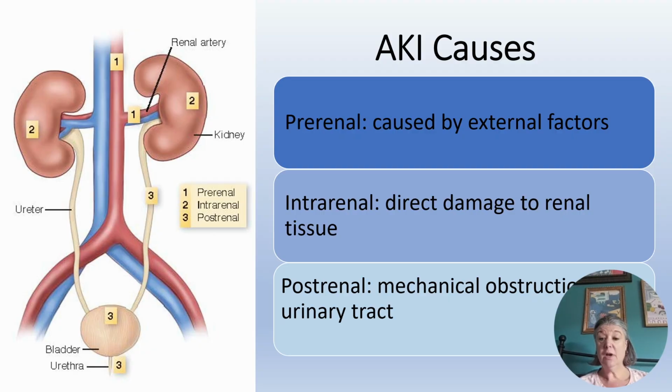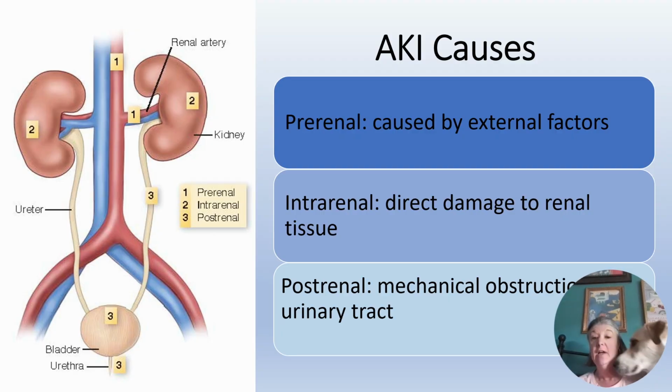Pre-renal, most common cause, result of external factors. This can be like dehydration, right? It's outside of the body, something outside of the body is causing kidney problems. So dehydration is a good example.